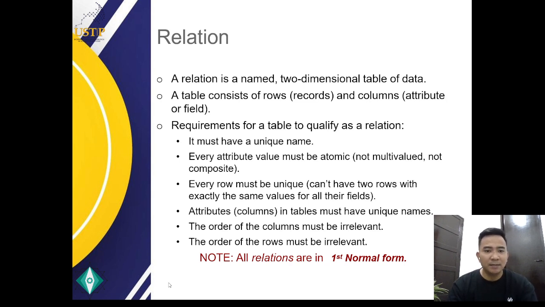As well as unique rows, so no two rows can have exactly the same values for all their attributes. This ensures that each row represents a unique combination of data. And unique attribute names, irrelevant column order, and irrelevant row order.